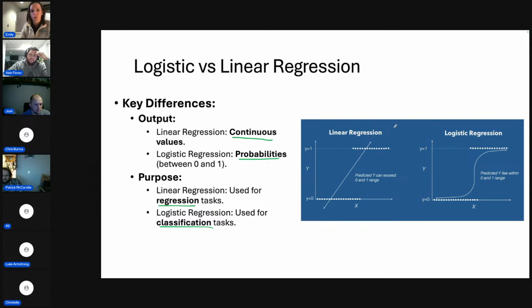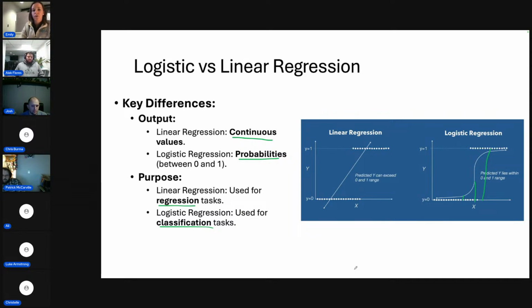So if we get a 2 for is this student going to pass the exam or not pass the exam, what do we do with a 2? What do we do with a -1? So in this case, a sigmoid transformation where we can map this X variable, maybe this is time studied, to actual probabilities is more useful for us.